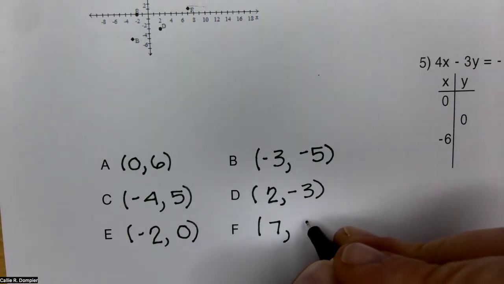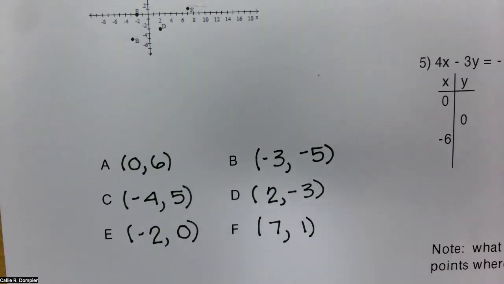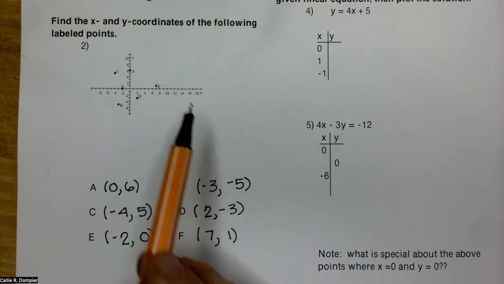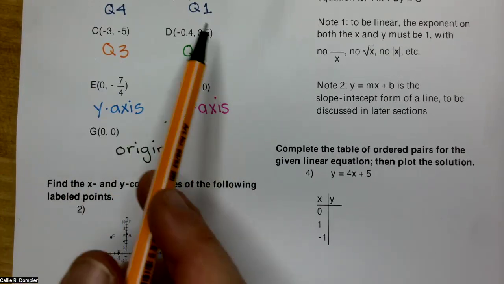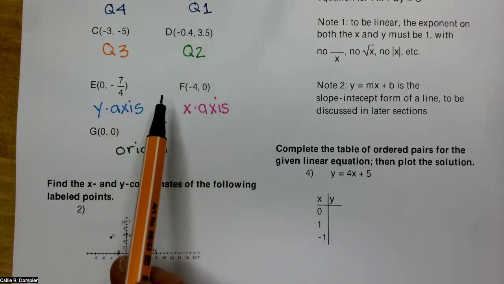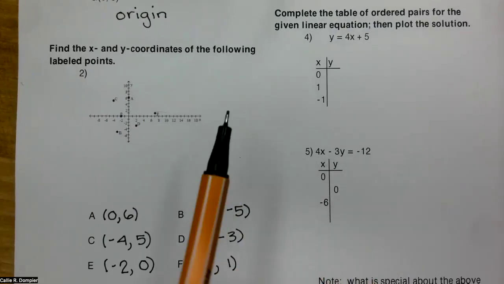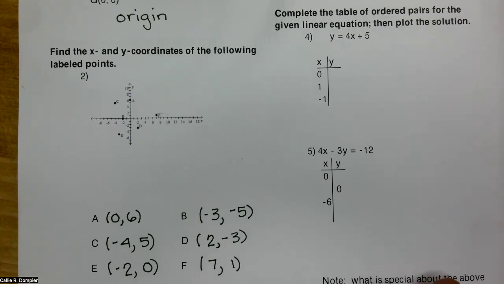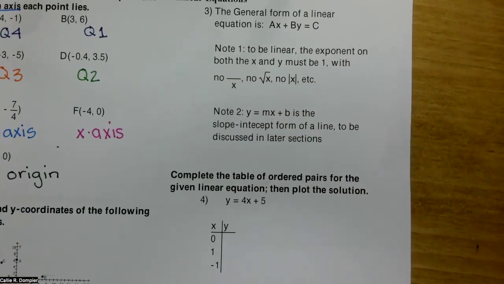And then we went up 1, okay? All right, I'm gonna readjust my camera. And that's how you find points if you're given the ordered pairs, and then that's how you find the coordinates or the ordered pair from the point, okay?